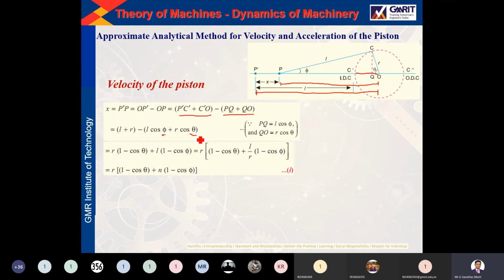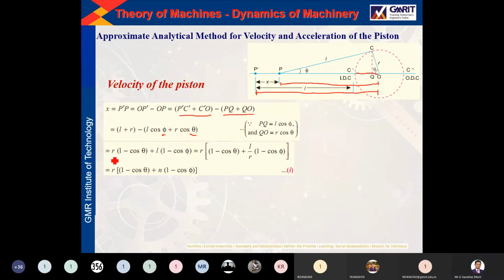Now, further simplification. Here we have R and R cos theta. Take R common from these two and I will get 1 minus cos theta. And here we have L. Separate R and L: from L minus L cos pi, take L common, L into 1 minus cos pi. Now look at that. From this total equation, I am taking R common outside.